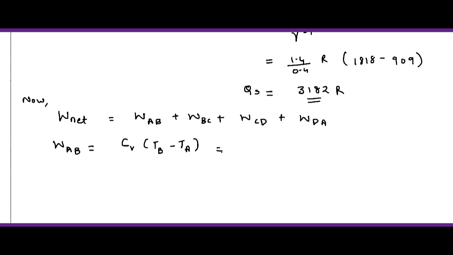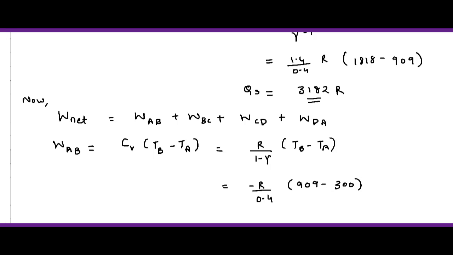Alright, so Cv can be written as R by 1 minus gamma, in terms of the adiabatic index. Then we write Tb minus Ta. We just substitute the value, and 1 minus gamma comes out to be a negative value, that is negative of R by 0.4 into Tb, which we have calculated as 909, minus Ta, which is 300.